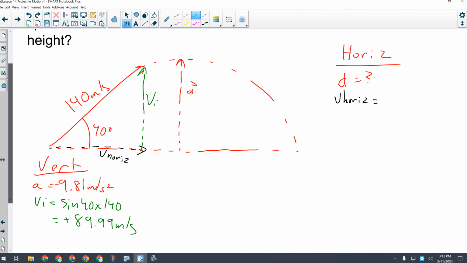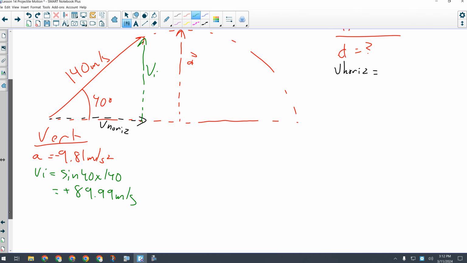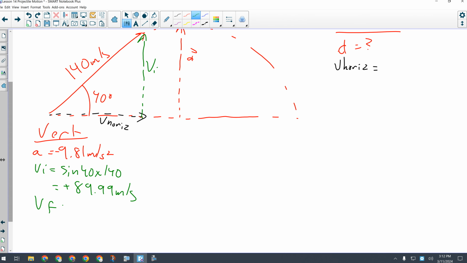Since launch and impact are level, what's VF? What goes up must come down, so they are the same, but negative. One's opposite. So this one will be negative 89.99 meters per second.